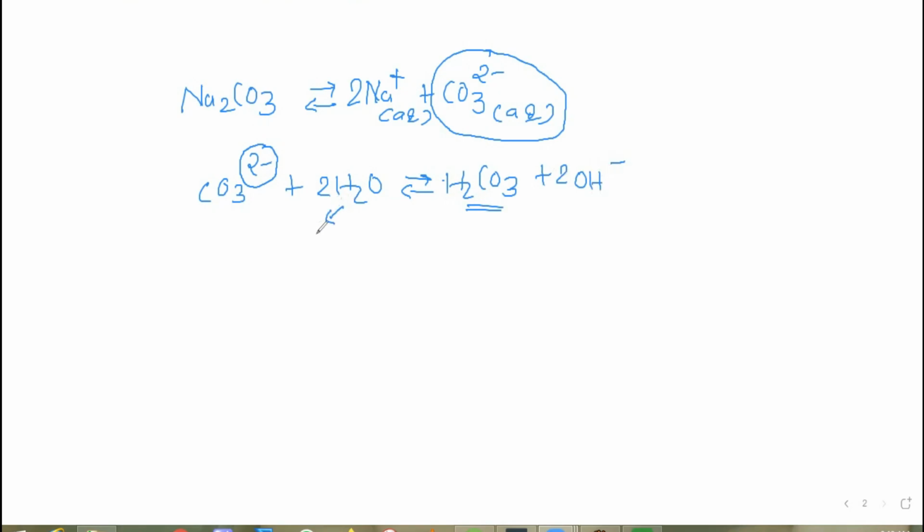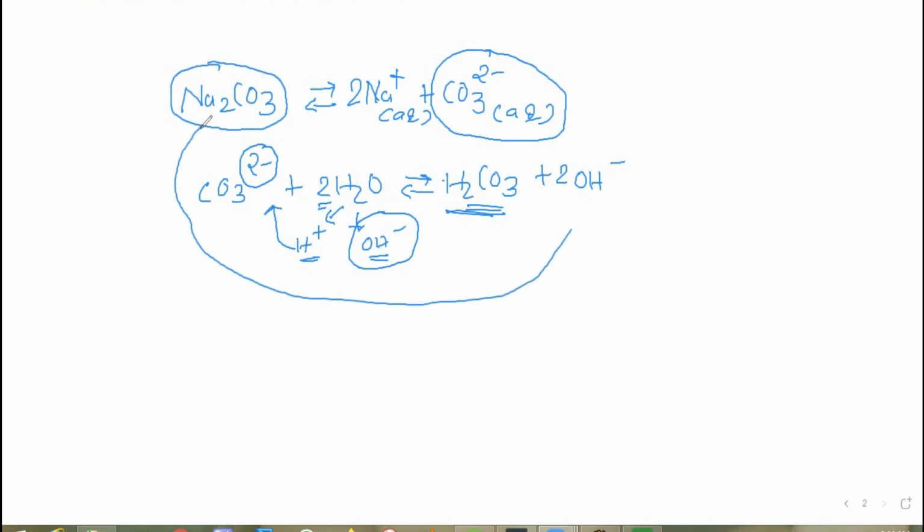See again, H2O contains two ions, H plus and OH minus. So 2 H2O will give 2H plus and 2OH minus. These 2H plus ions will react with CO3 2 minus to give H2CO3, and 2OH minus will be free into the aqueous solution. So basically, according to definition, we can say that when 1 mole of Na2CO3 is dissolved in water, then finally we will get 2 OH minus.